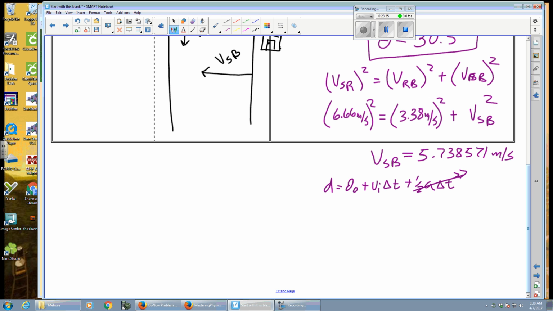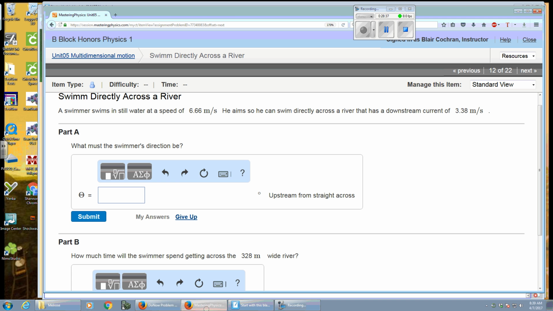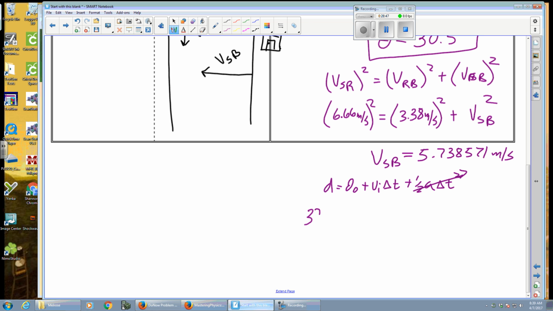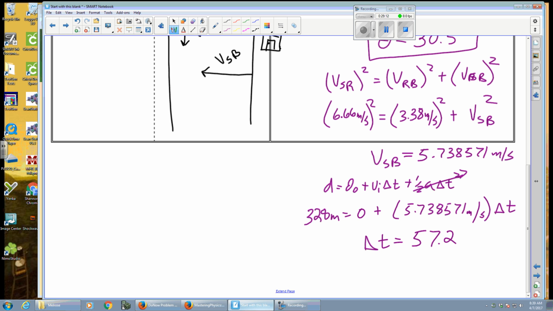No acceleration. They give me the width of the river, which is 328 meters. And I get 57.2 seconds.